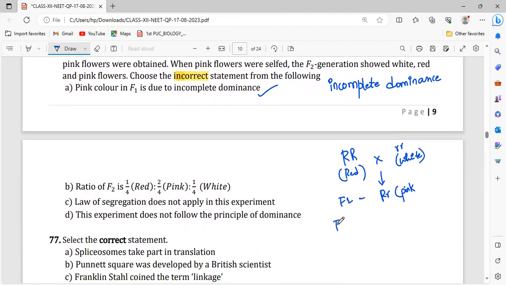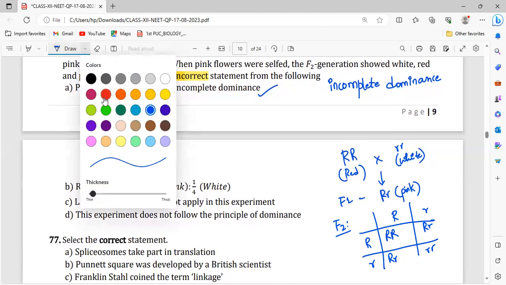And when we see the F2 generation, when we self cross F1, the progenies will be like this. If we take the Punnett square, here capital R capital R, capital R small r, capital R small r, small r small r, right?